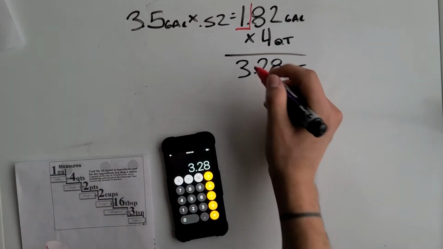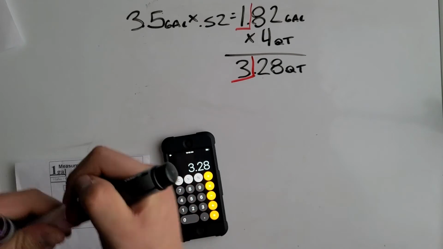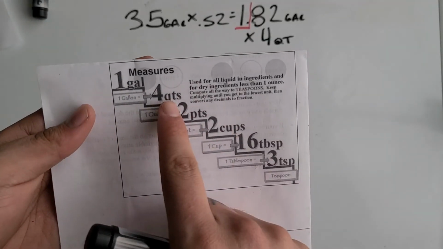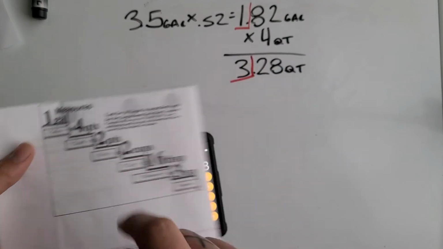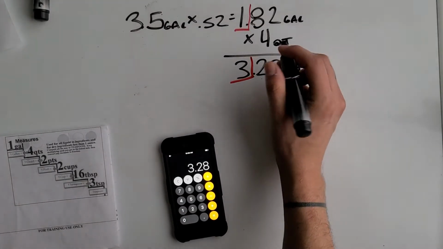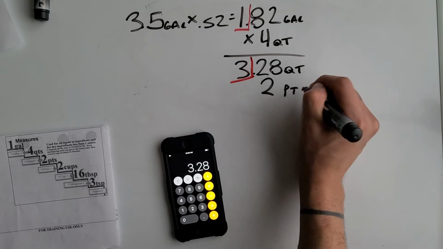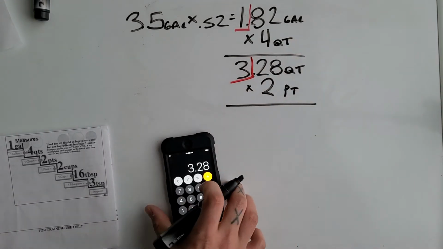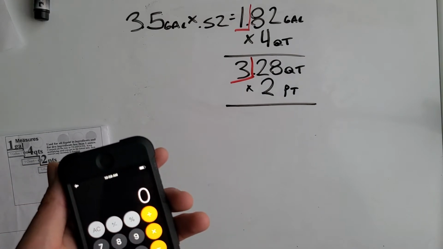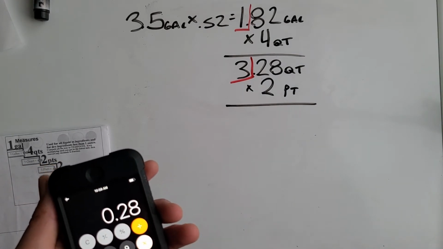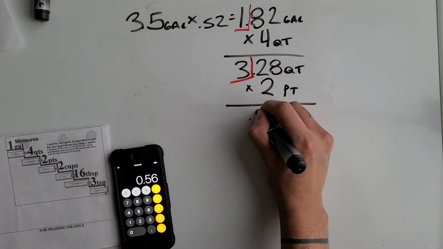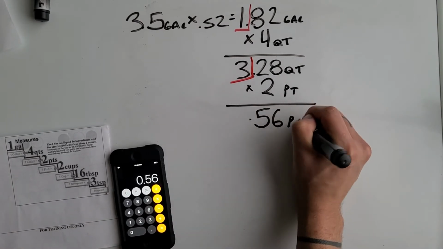Again, block off your whole number and multiply the remaining decimal by the unit that's under it. In this case, pints, 2 pints. So 0.28 times 2 pints. Again, don't forget to label every single thing. So 0.28 times 2 equals 0.56 pints.